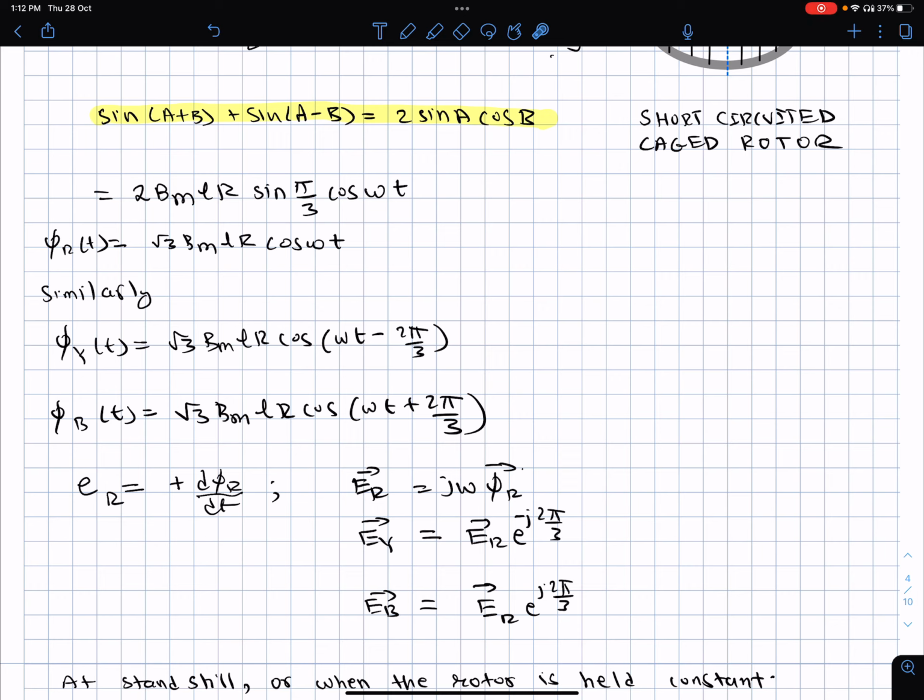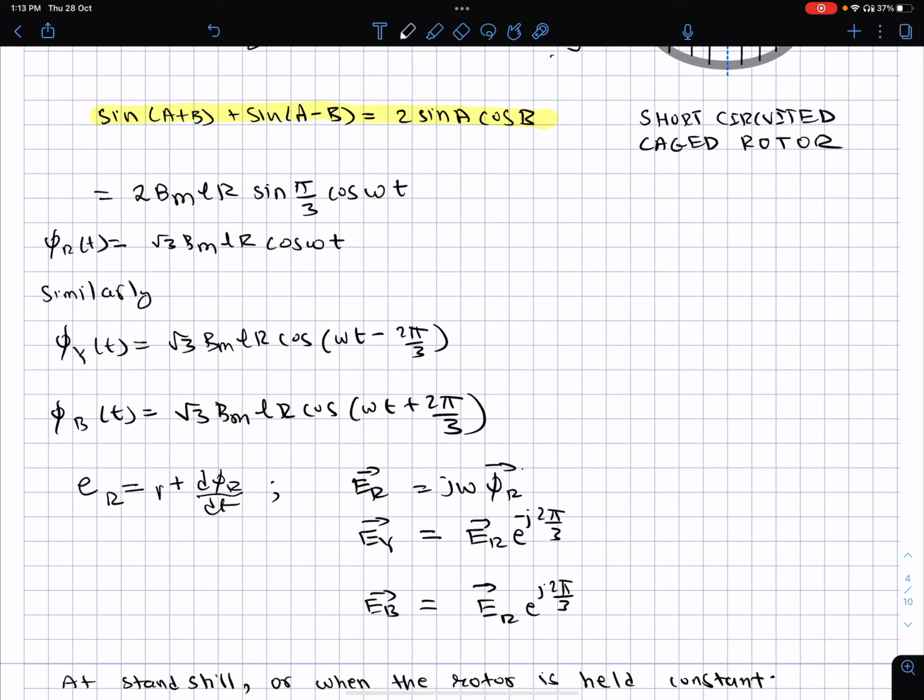Now, if this is the induced EMF, which is the rate of change of flux associated with this, then what we have to do is, and deliberately I have not written the number of turns here because I have still not fully addressed the issue of distributed windings.